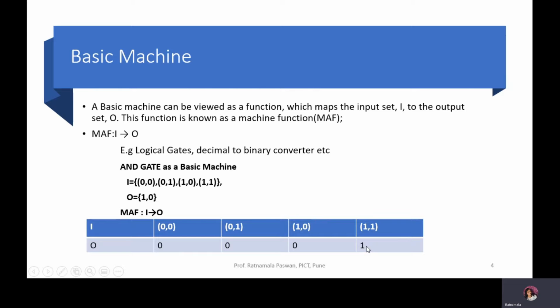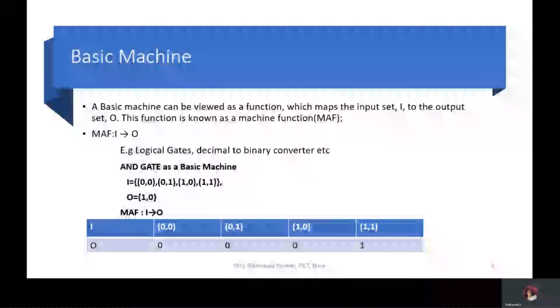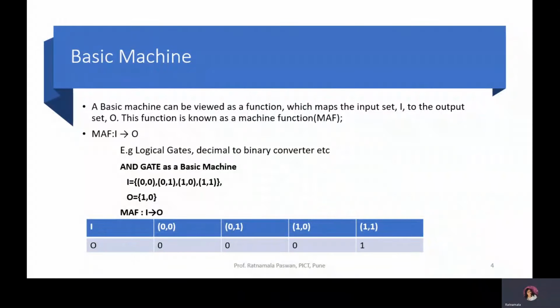So basic machine simply takes the input and gives the output. The user is unaware what is happening inside the machine. It is just a black box for the user because the user is not knowing how the result is produced. It just gives the input and gets the output.